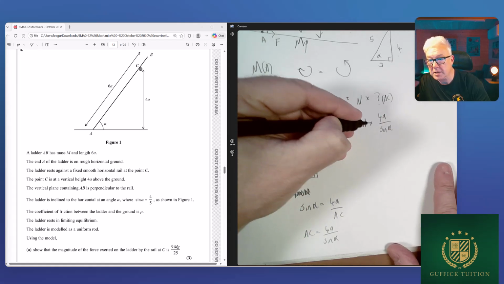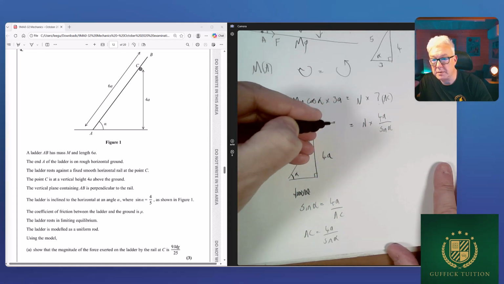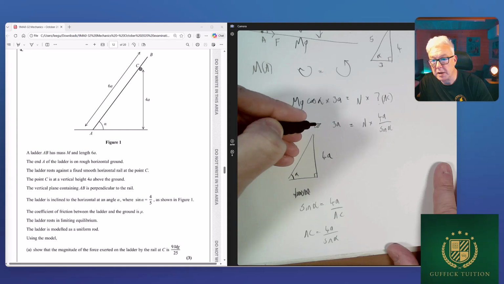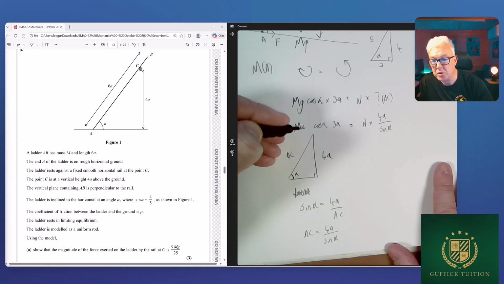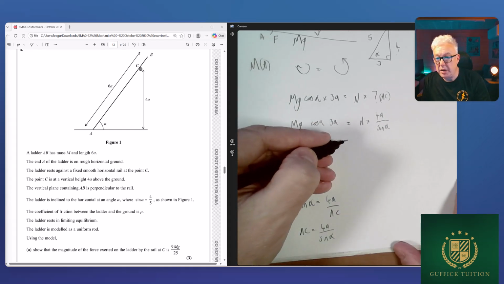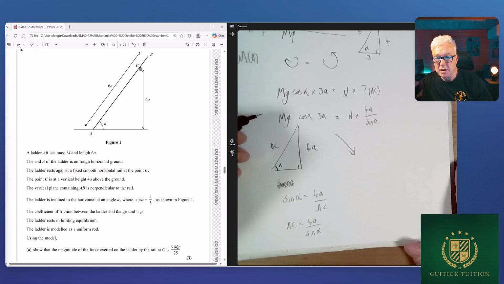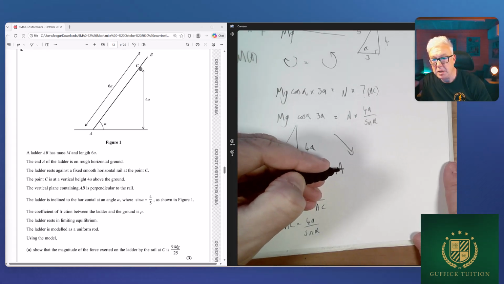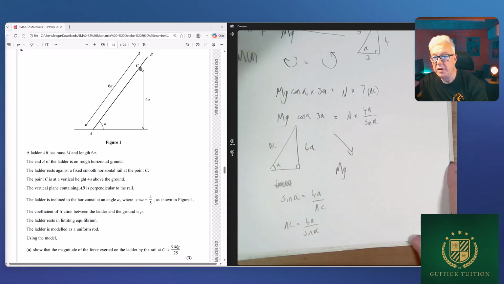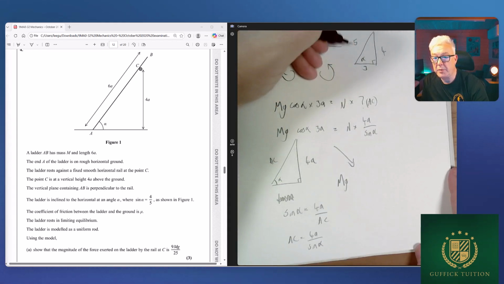So we have N times 4a over sine alpha equals 3a times cos alpha times mg. So far so good, everyone. It's now time to start subbing in some stuff. We have mg cos alpha, where cos alpha is going to be adjacent over hypotenuse.